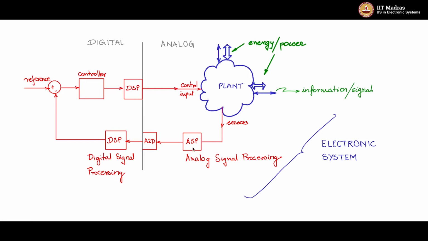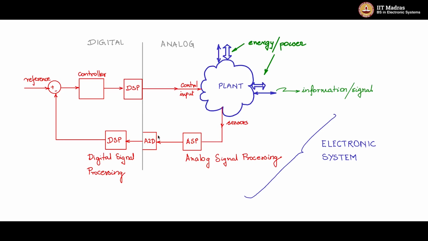The analog signal processing, which may include translation of the signal, it may include clamping of the signal, it may include linear or non-linear processing, amplification, translation, filtering, anti-alias filtering, and so on and so forth.